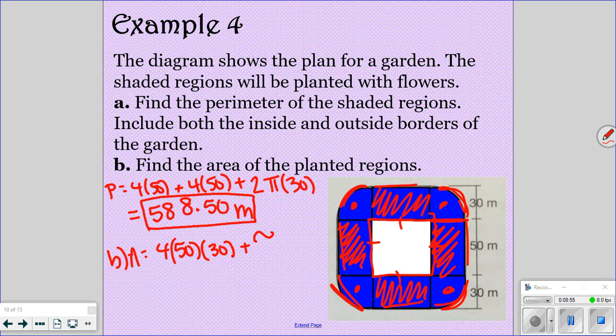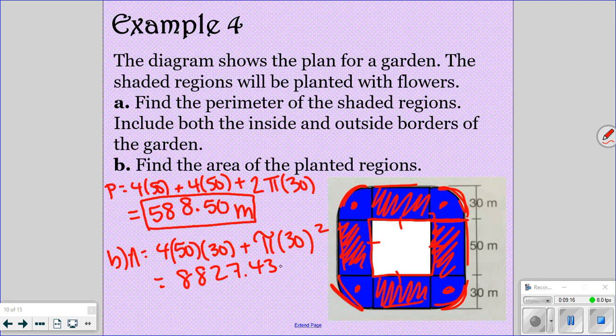And so we're going to do pi times radius squared. So if you use your calculator, you should get 8,827.43 meters squared. So that would be your answer on that one.